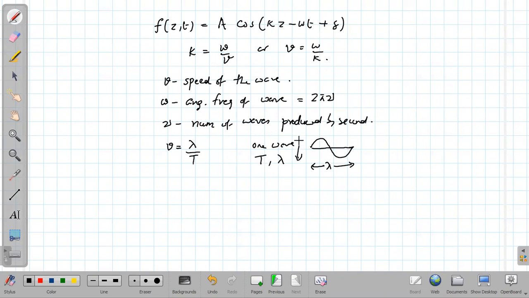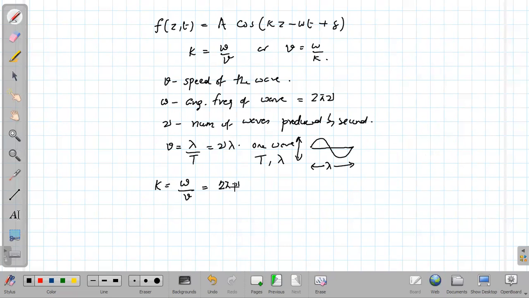So when you oscillate the string once, we produce one wave which is of length lambda, and the time required to produce this wave is time capital T. So the speed of the wave we can write as lambda by T, and we can write it as nu into lambda. Okay, so v is simply nu into lambda. Now k we wrote as omega by v, and what is omega?